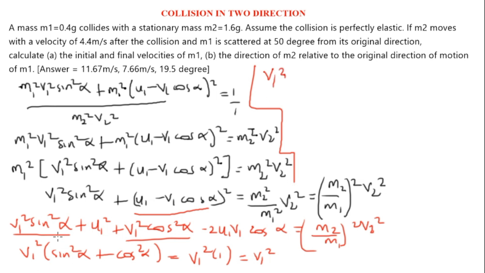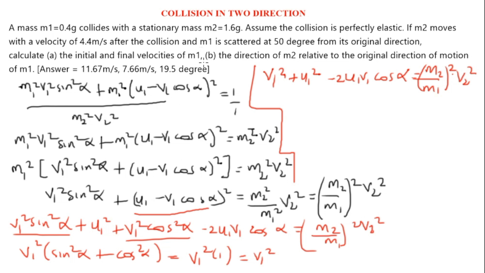So this and this have become v1 squared. Then I'll have u1 squared. Also, I'll have minus 2u1 v1 cos alpha, which is equal to (m2 over m1) squared, then we have v2 squared.